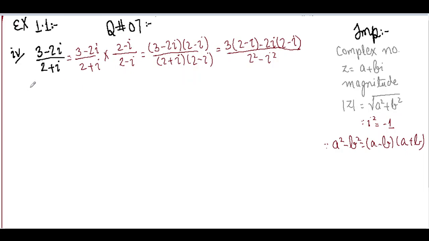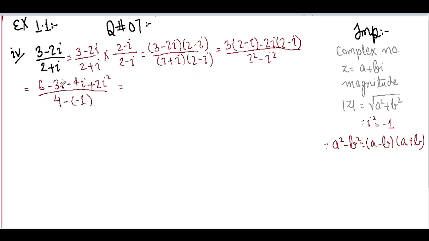Now in the next step we have to multiply in the numerator. 3 into 2 makes 6, minus 3i minus 4i, minus into minus. This minus into this minus makes plus, and 2 into i is i square. So plus 2 i square divided by 2 square is 4 and i square is minus 1.